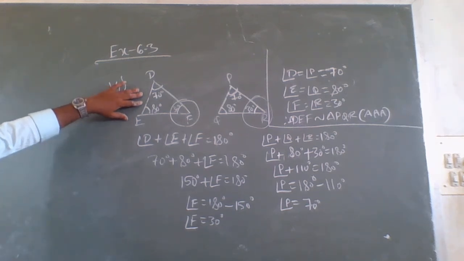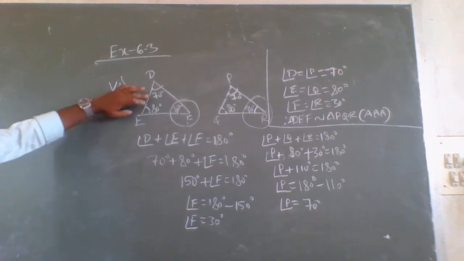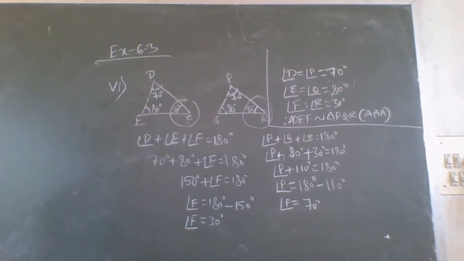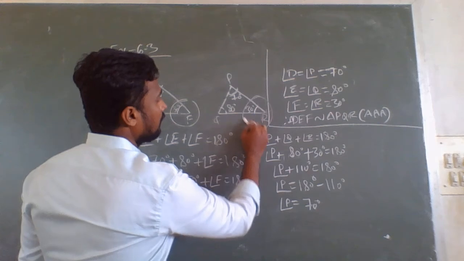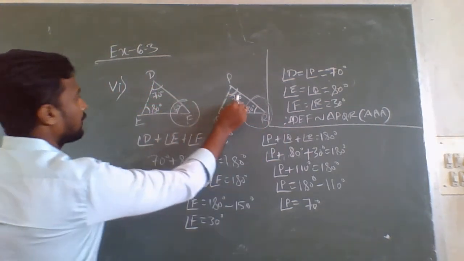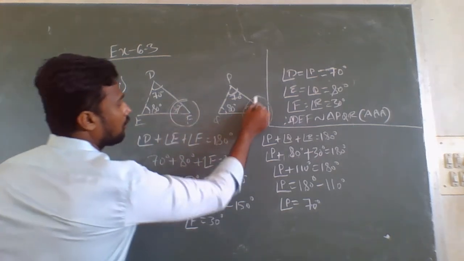If in any two triangles they are given the size of any two angles, and those angles are equal to each other, then we can say that the remaining third angle is equal, because with 70 degree, 70 degree, 80 degree, 80 degree we can calculate the remaining angle of the triangle.